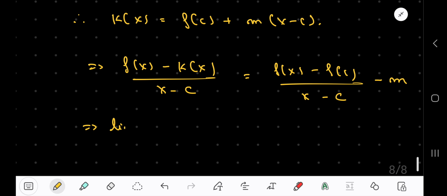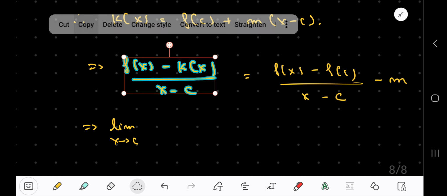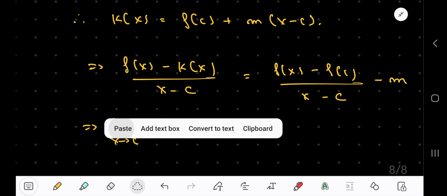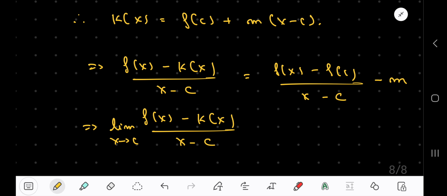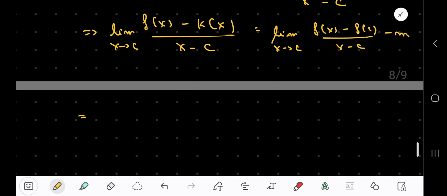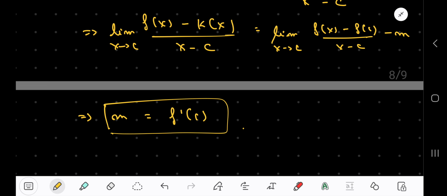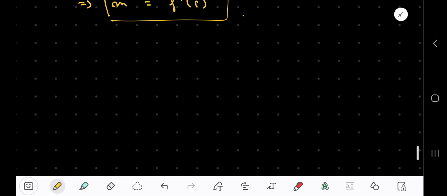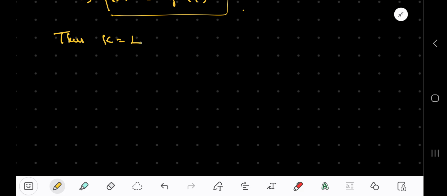And then if I take the limit x tends to C, so what do I have here is, this part is 0, and this is f prime of C because f is differentiable at C. So this implies that m is exactly equal to f prime at C. Therefore, we have a line which touches f at C and its slope is the same as the slope of L. Therefore, both the lines must be the same. Thus, K must be equal to L.